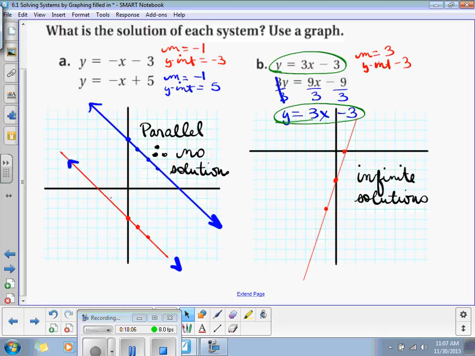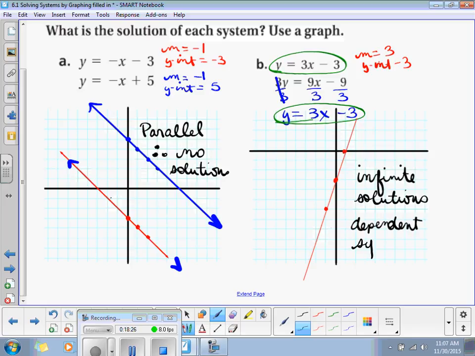My graphs disappeared. Okay, so this one, I don't know, it's in there somewhere. All right, this one with infinite solutions is a dependent system.